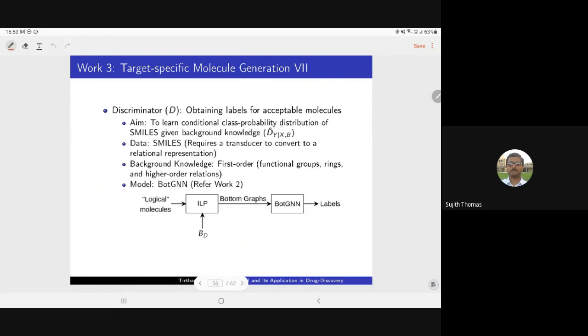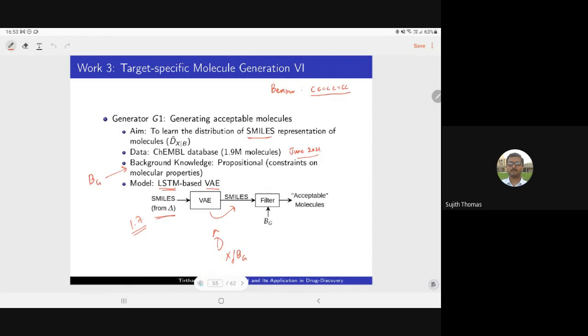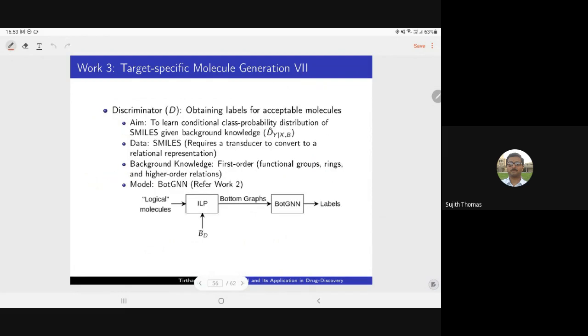Now the discriminator D is used to obtain the labels for the acceptable molecules. In the previous case, we got our molecules, but we now need to know their activities, whether they are active or inactive. For that, we use the discriminator. It learns the conditional class probability distribution D hat of Y given X comma B. The data are again SMILES strings, but we need to convert those, since if you recall, the discriminator is a BotGNN, which has a very nice principled way of incorporating symbolic knowledge.